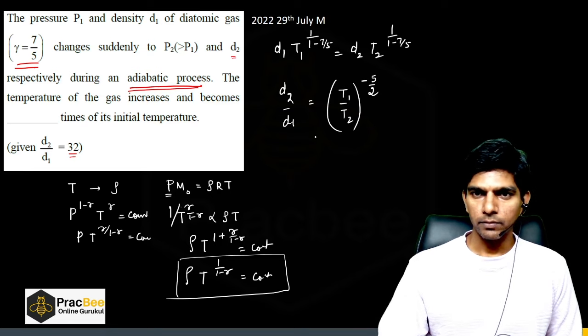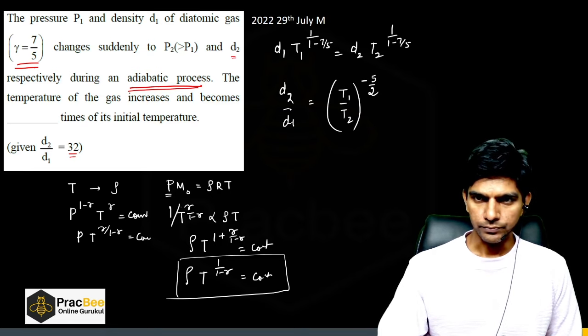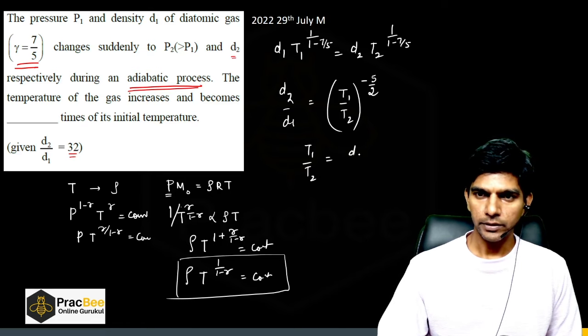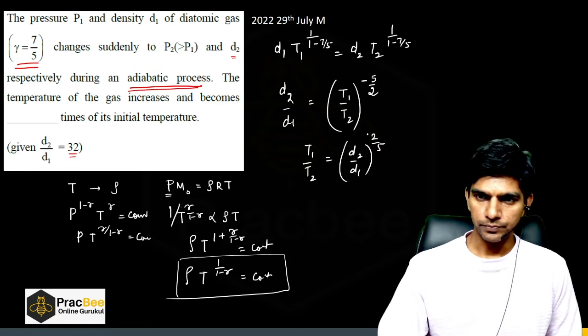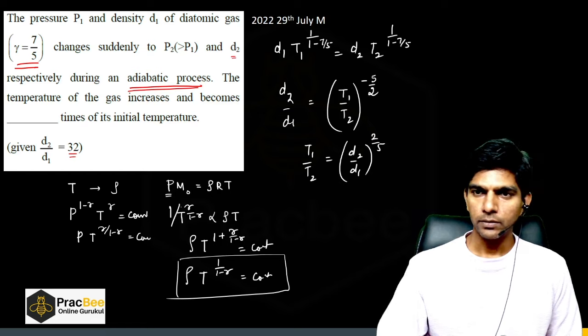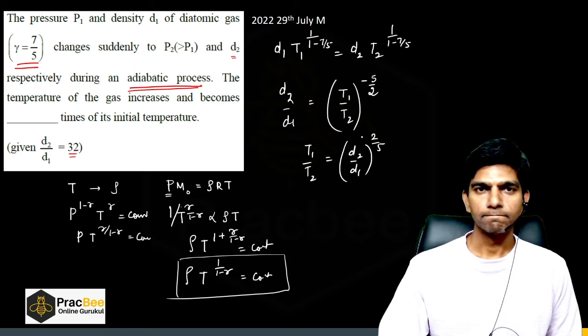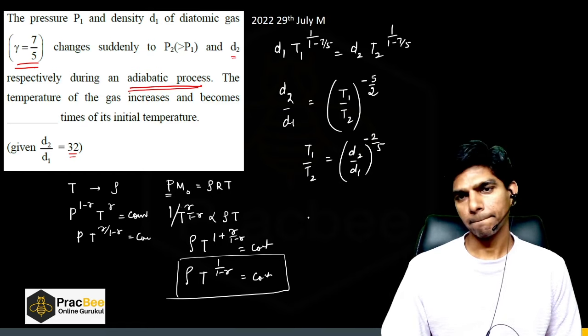So we can write T1 by T2 as D2 by D1 raised to power 2 by 5, with a negative sign, right? Is it clear?